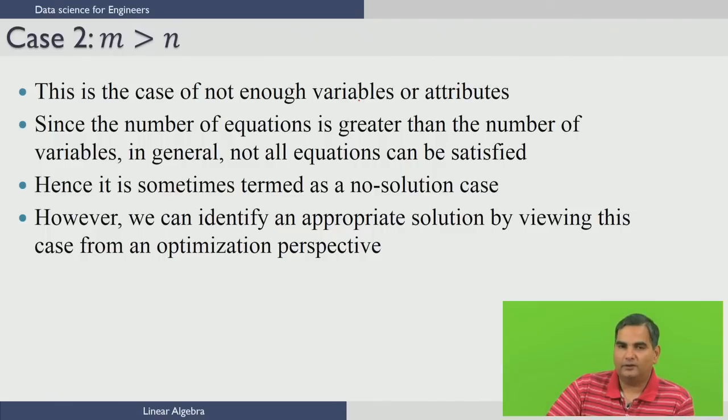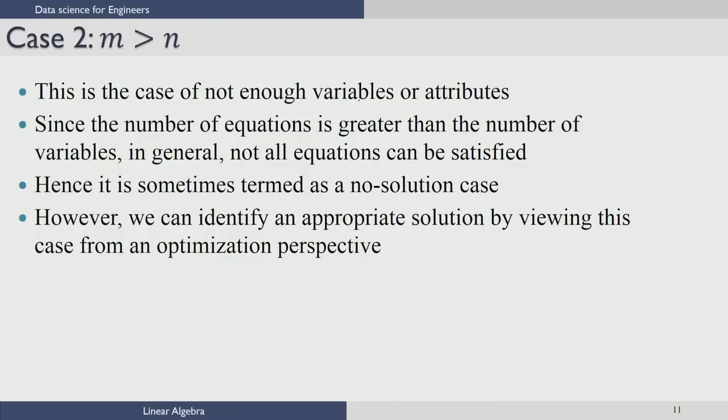However, we still want to identify some solution which makes sense and which we can generalize for all the three cases. So, what we are going to do is identify an appropriate solution by viewing this case from an optimization perspective, and I will explain what that is presently.